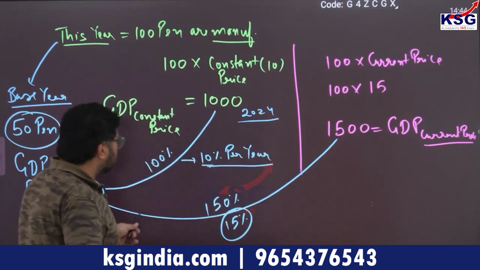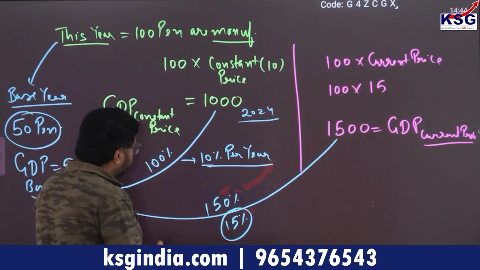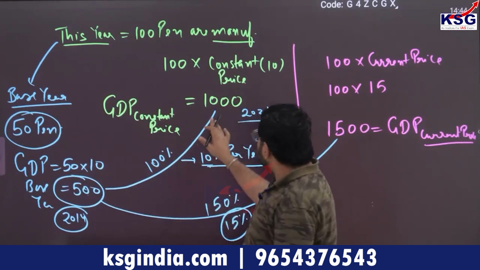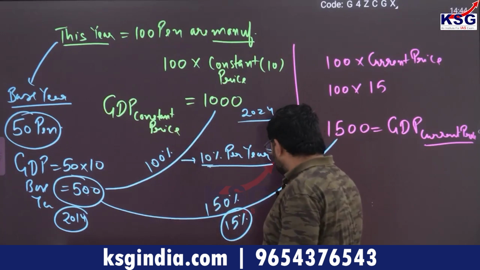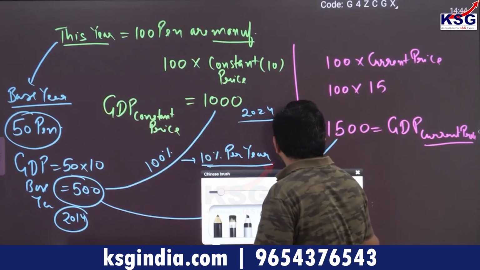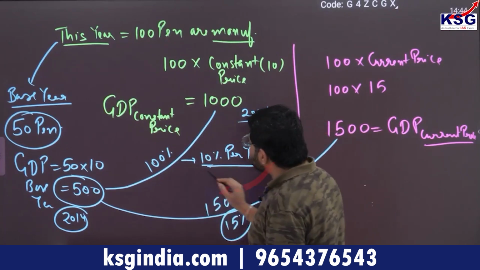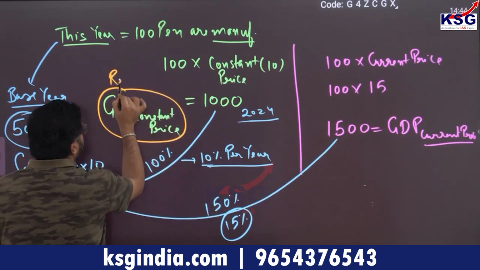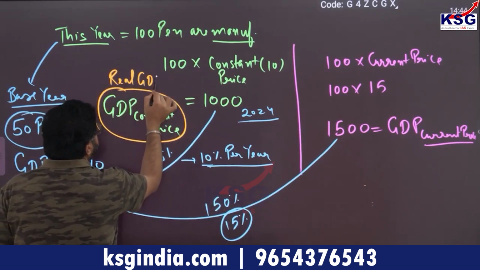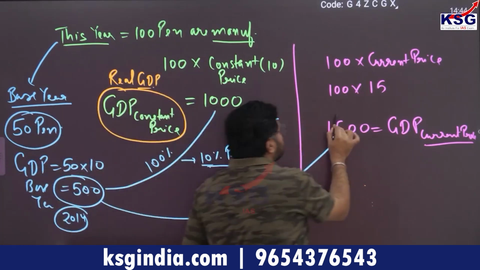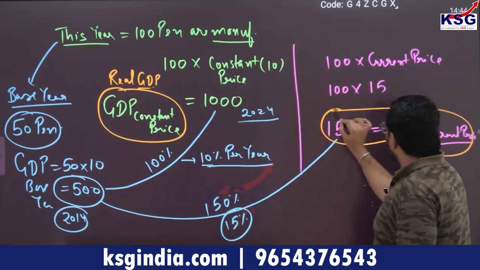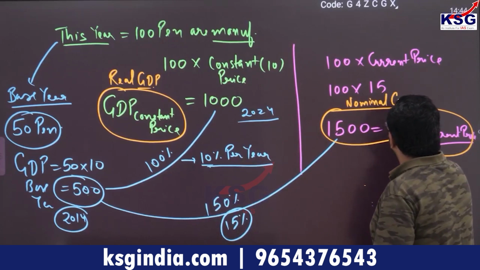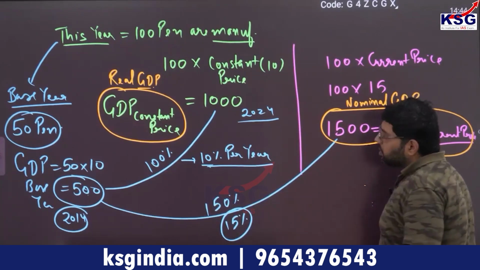Okay, so this is what you have to understand. Ultimately, when we calculate GDP by taking into consideration constant prices, we call that GDP real GDP. And this is called nominal GDP.